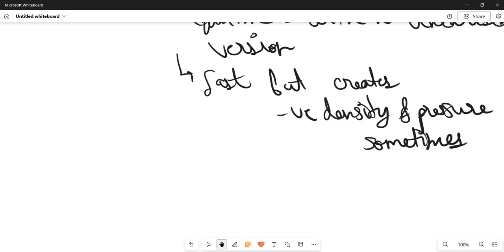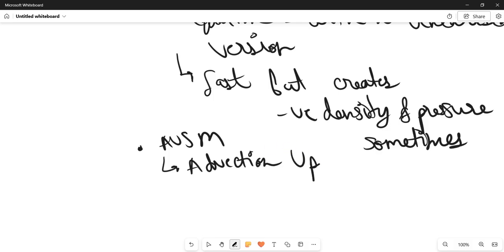Then you have different methods. Another one is AUSM. I won't go deep because it's not much needed. This is the advection upstream splitting method. If I remember, S was splitting and M is the method.